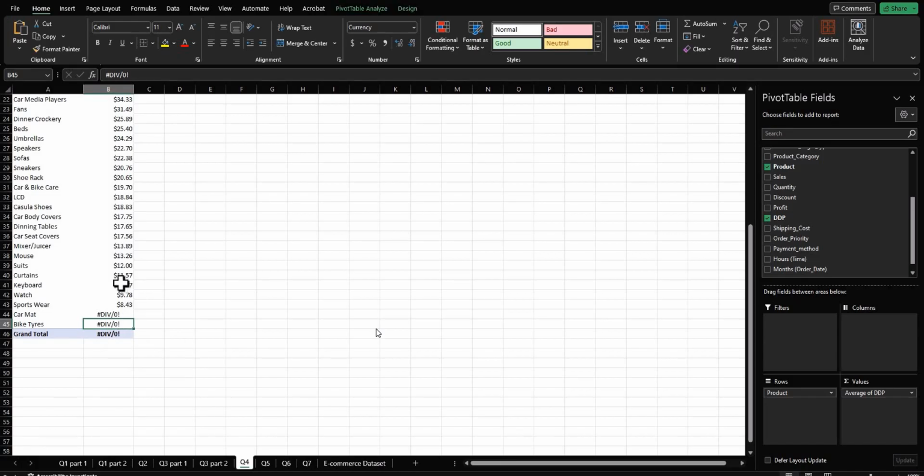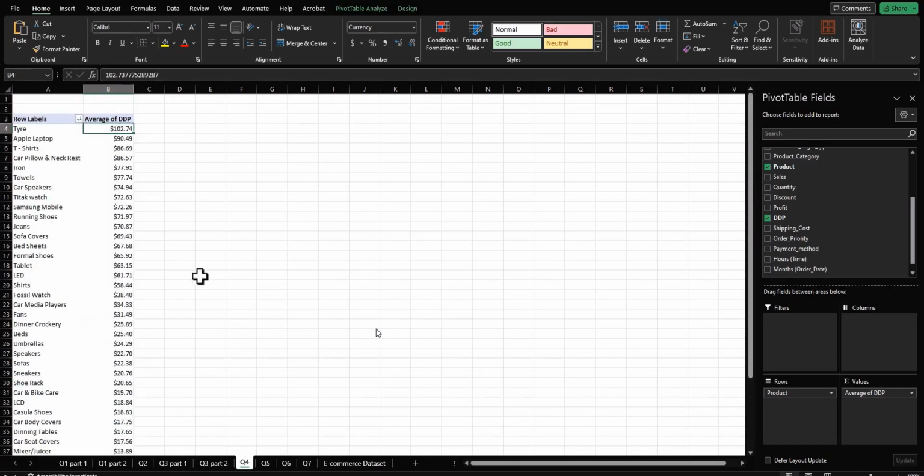Can't divide by 0 for some reason. But if we look at it this way, the average drilled down per product is actually tires and then Apple laptops. So if we did it this way, we could make an argument that this is actually the right answer to this question. It's actually tires instead of Apple laptops. This gives us our highest profit.